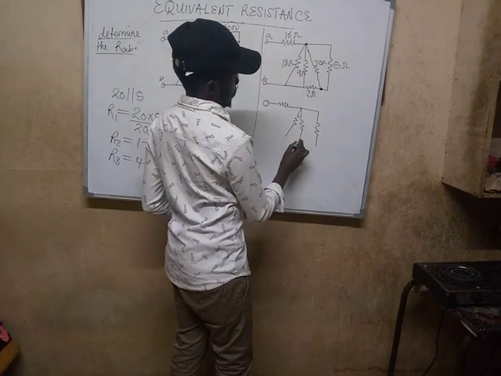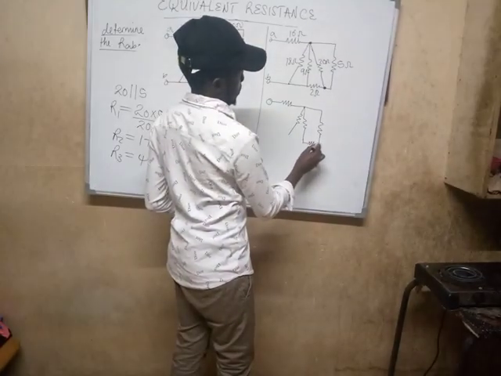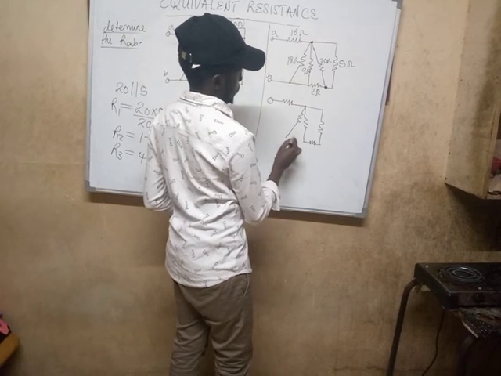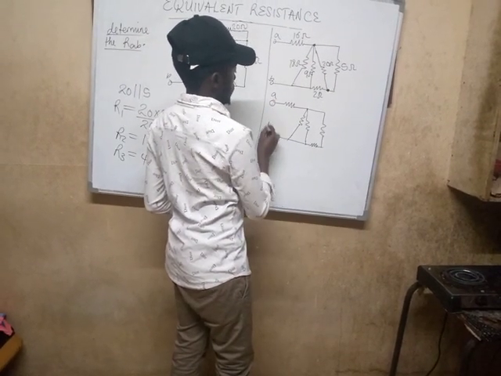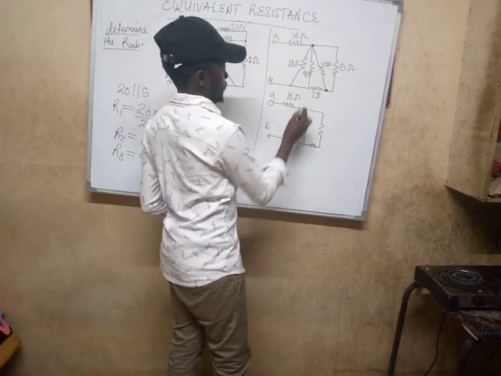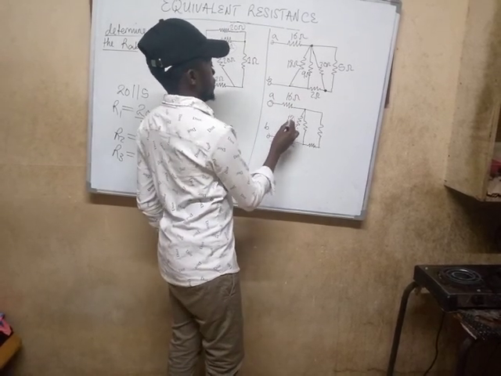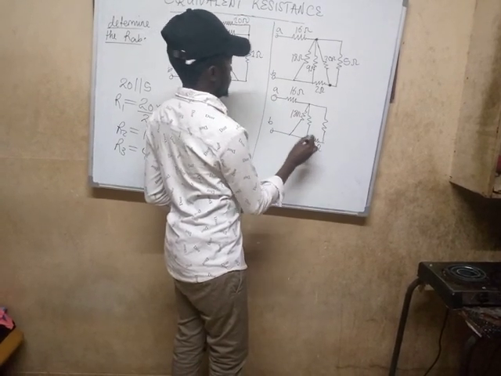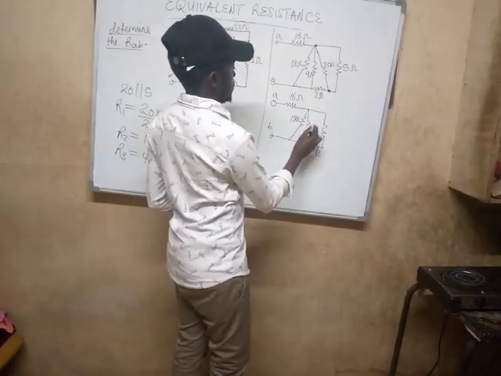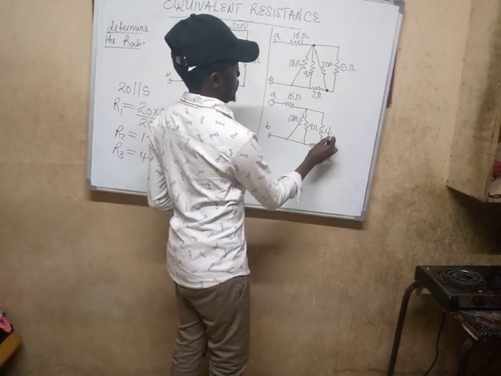Then we have a resistor somewhere here. So this is A and this is B. We have 16, we have 18. This is the 2 ohms resistance. Then this is 9 and this is 4.